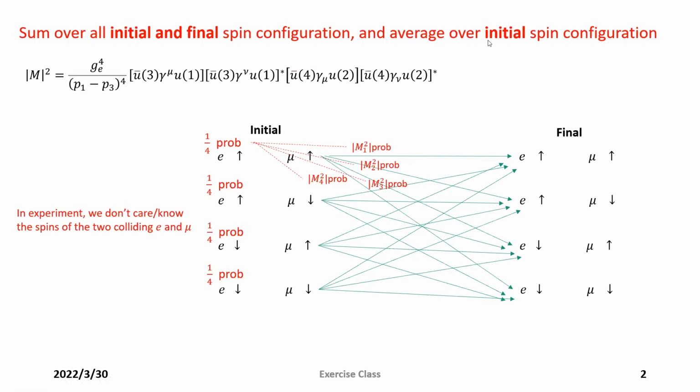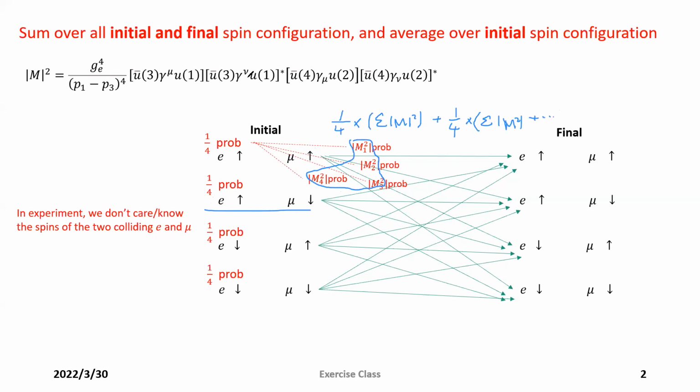And so the total probability will be something like 1/4 times the summation of these 4 amplitude squares. Similarly for the second one, we have 1/4 times, and we have 4 possible paths, and so on.